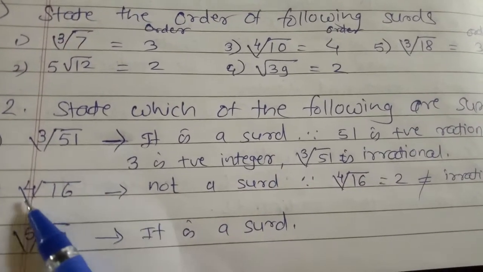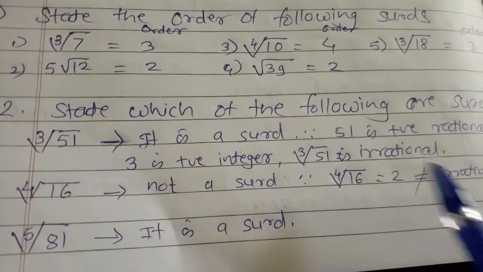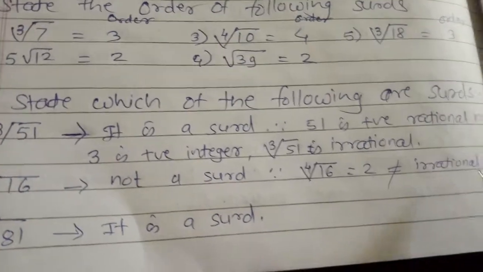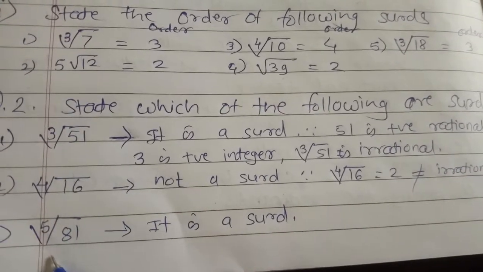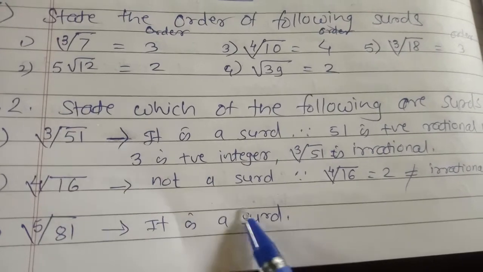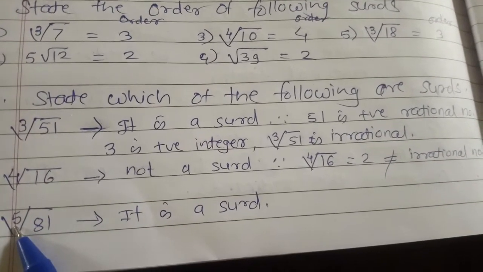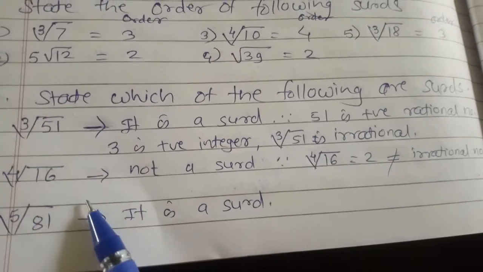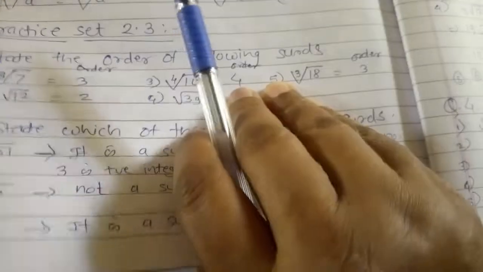Now the second example, the 4th root of 16. If we find the answer, we get 2, which is not an irrational number, so it's not a surd. Similarly, the 5th root of 81 is a surd. Why? Because it is a positive irrational number. 5 is a positive integer, and if we find the answer of the 5th root of 81, we get an irrational number, so it is a surd.